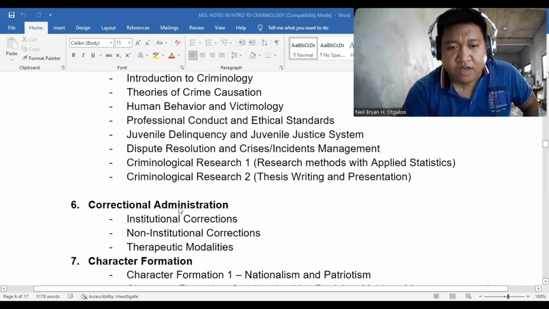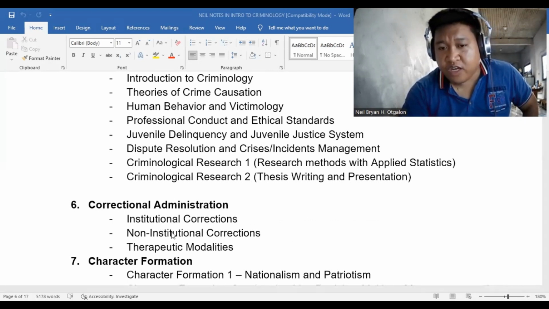Okay? Then we have number 6, correctional administration, institutional corrections. Ito yung all about prison and jail. Itong non naman is opposite of institutional. Non, ibig sabihin, you do the correction outside the prison. Institutional, you do correction inside the prison. Then in addition is therapeutic modalities.